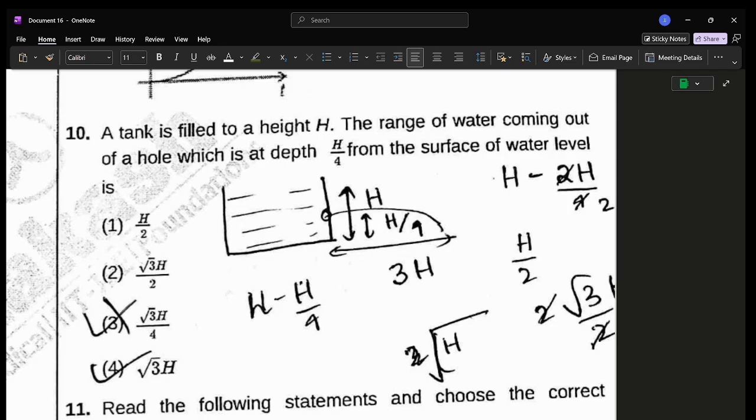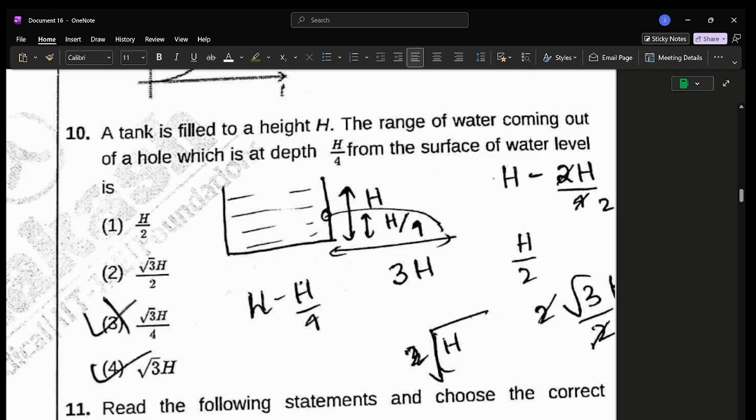So let's see what the answer is. h by 4 into 3h by 4 root. So I can bring 4 out, h out and root 3. So the answer is going to be root 3 by 2 into h.